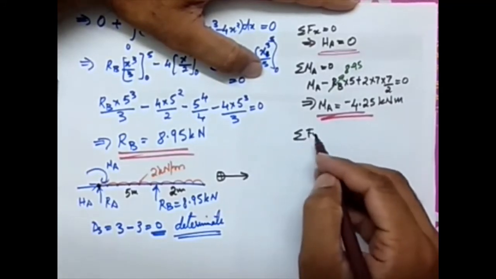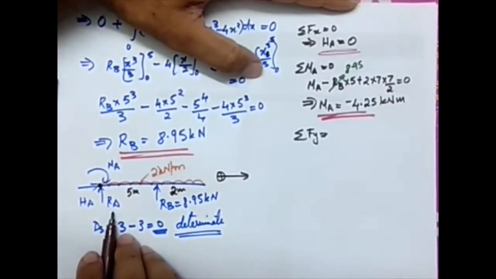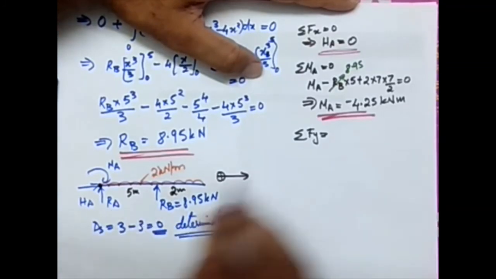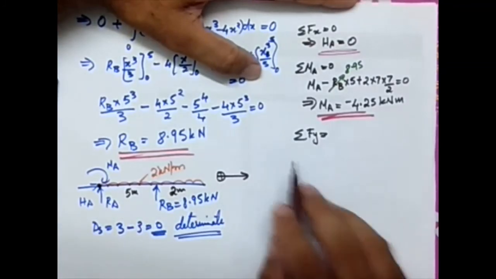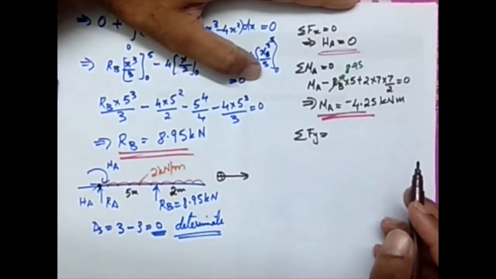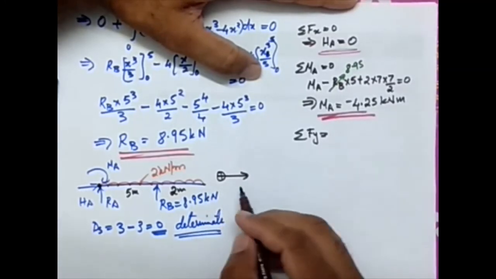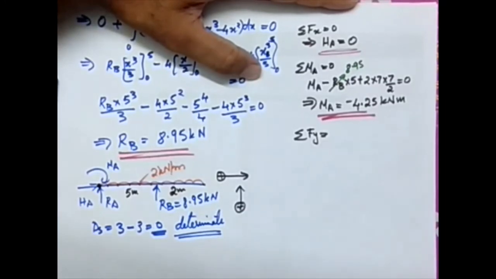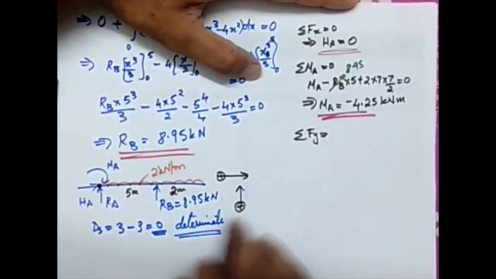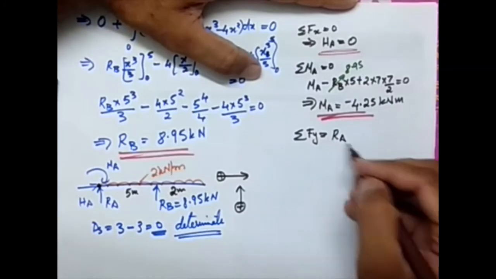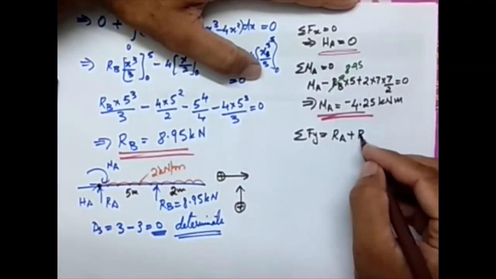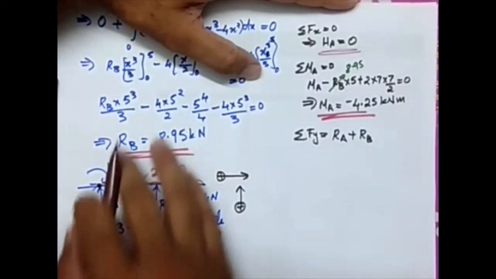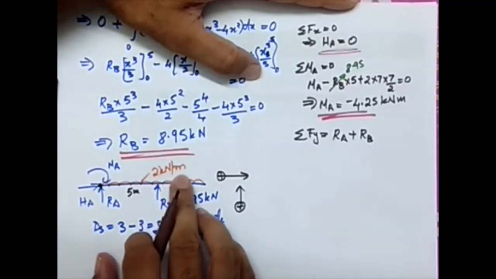Now, the last value which is unknown is RA. To get that, I'm calculating the equation sigma Fy equal to 0. So I need to have the sign convention. For Fy, I'm considering this as the sign convention: whichever is upward is positive. So the forces I have are RA upward, RB upward, and downward I'm having 2 kilonewton per meter.